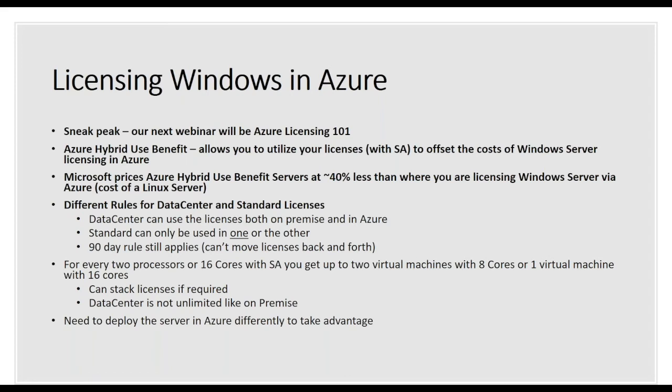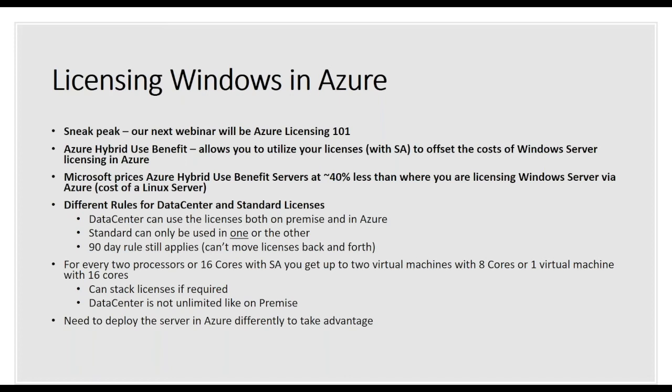And what Microsoft has done is, in essence, priced a compute instance with Windows Server at about 40% less than if you were buying the Windows license from Microsoft. Basically they said, if you're using this Azure Hybrid Use Benefit, we're going to allow you to purchase the compute at the price of a Linux server, which is about 40% less than a Windows server.